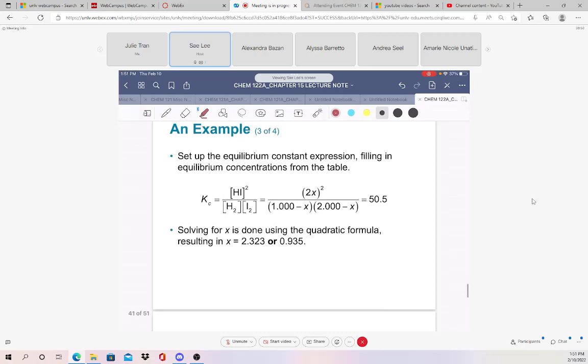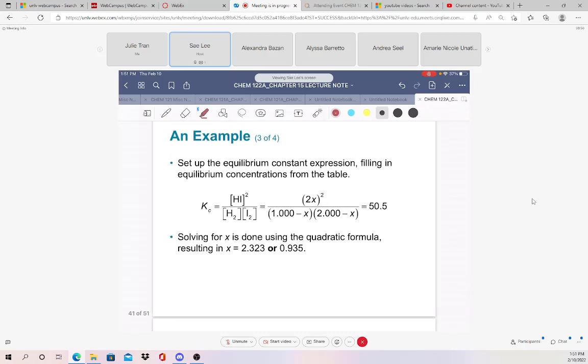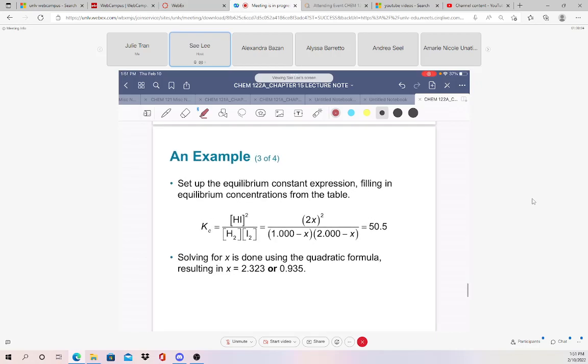So if we substitute the equilibrium concentrations into the equilibrium constant expression and solve for x, we will get x.